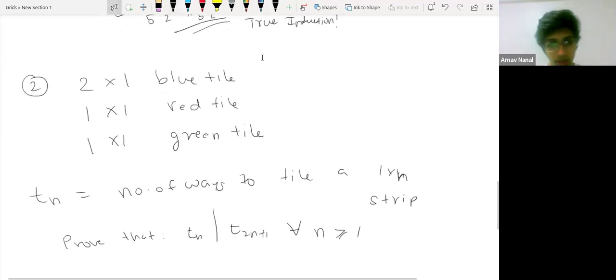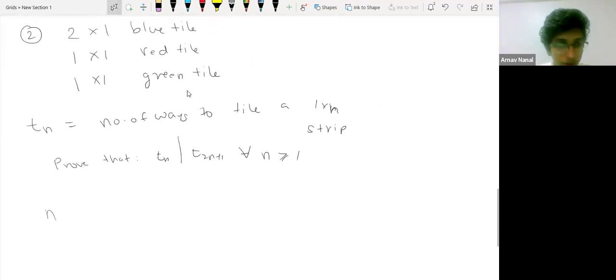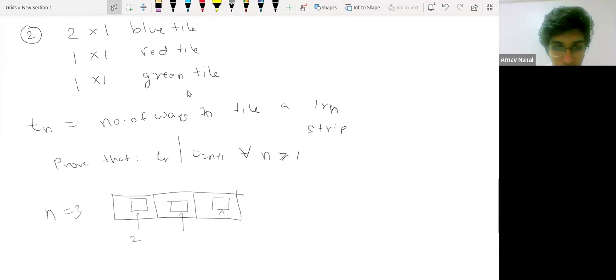Okay, I'll just show with an example. For example, if you have n equal to 3, then the number of ways to tile it: one thing is you can use all 1 cross 1 tiles, each red or green. So this has 2 choices, this has 2 choices, this has 2 choices.